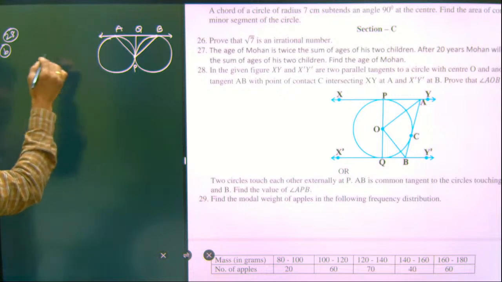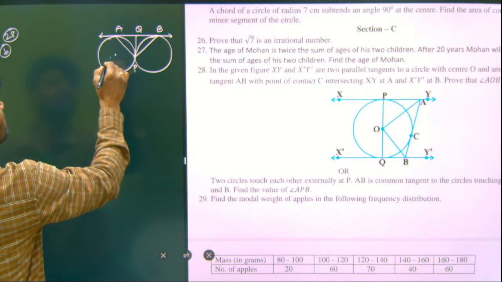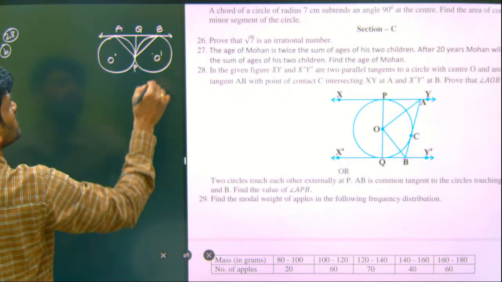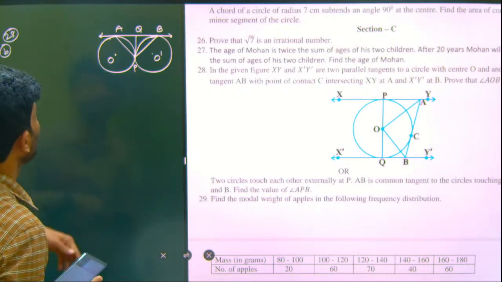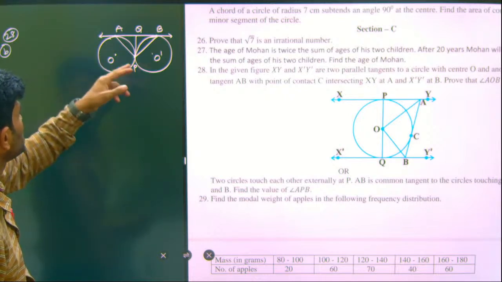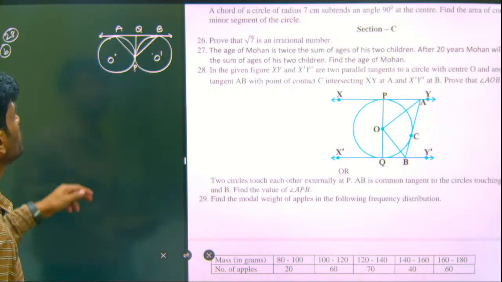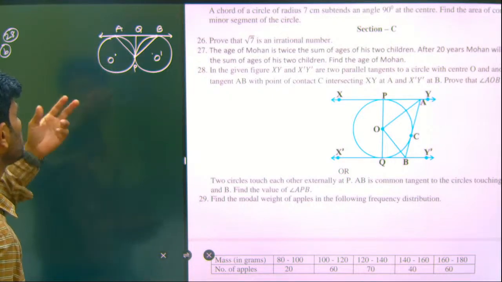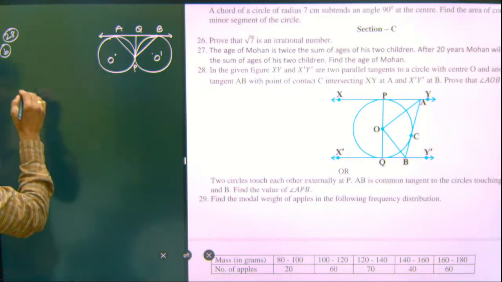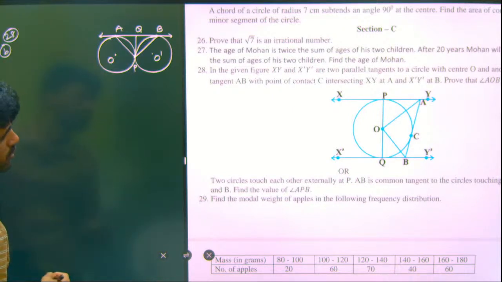What you have to do, you have to write about given. What you have to write in given? Two circles with centers O and O dash are touching each other externally at P, and AB is the common tangent to the two circles at A and B. Now join PQ, PA and PB. That is the construction. After that, we have to find out angle APB.